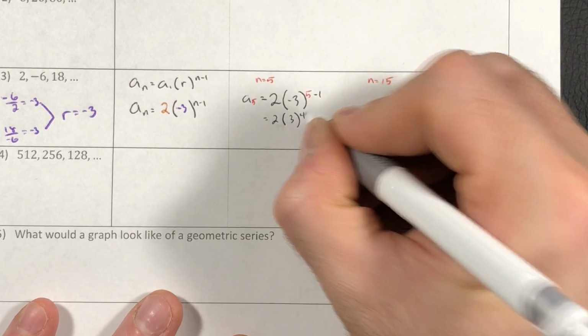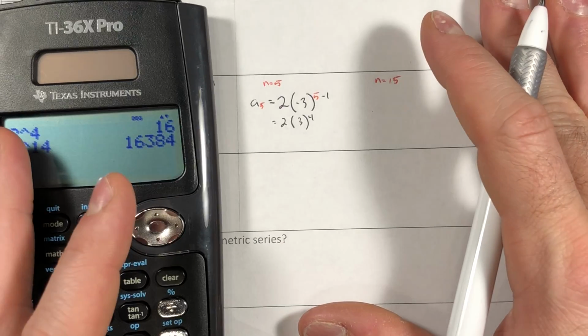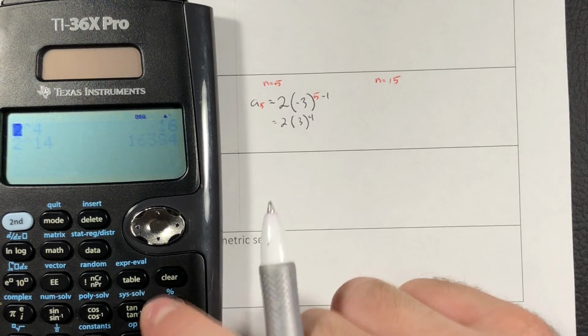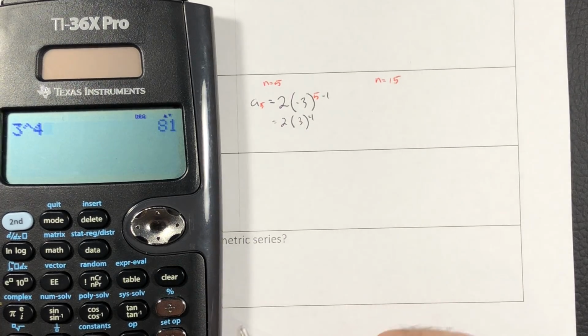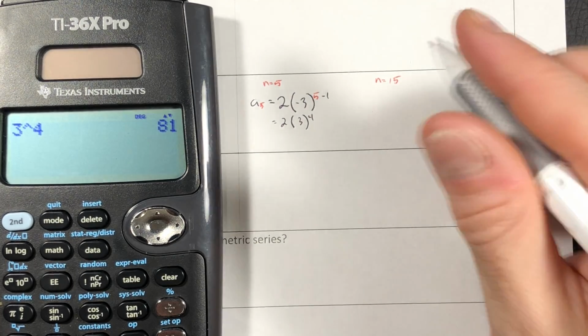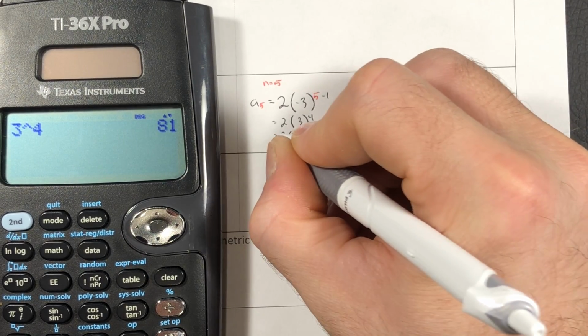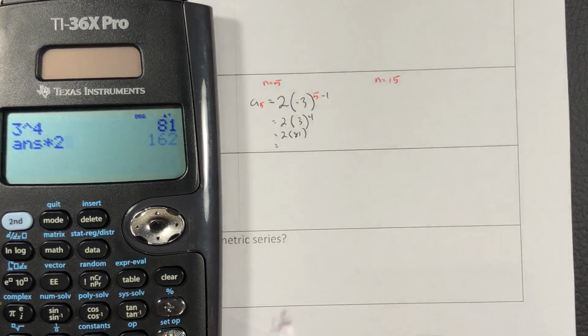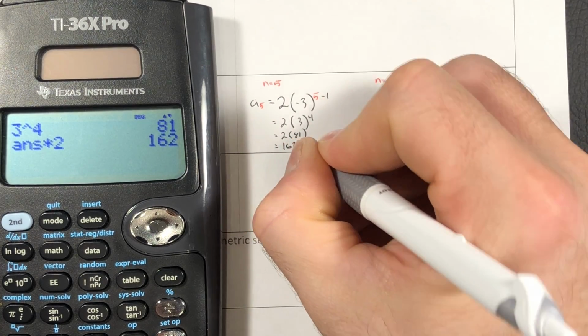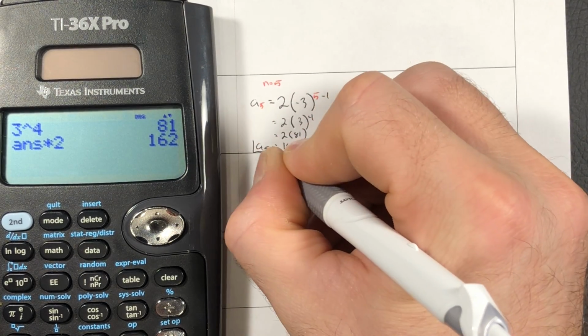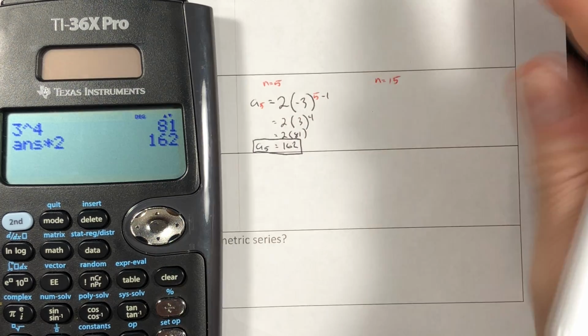So 3 to the power of 4. Let's see what that gives us. 3 to the power of 4 is going to give us 81. If we multiply that times 2, we get 162. Perfect.